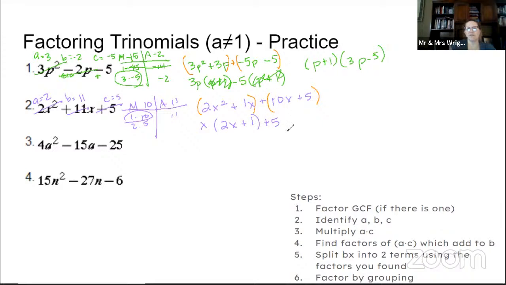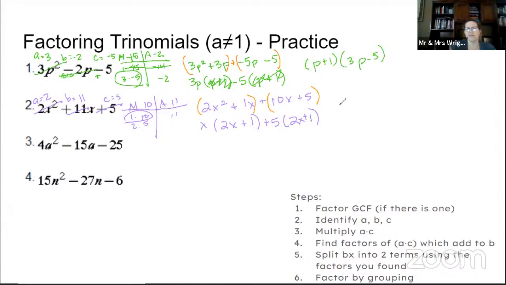Plus 5, and then 10x divided by 5 is 2x, you can't forget about that x there. 5 divided by 5 is 1.